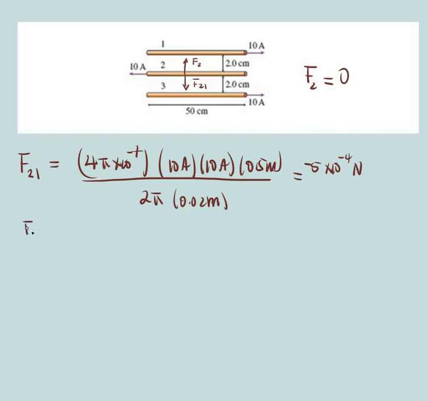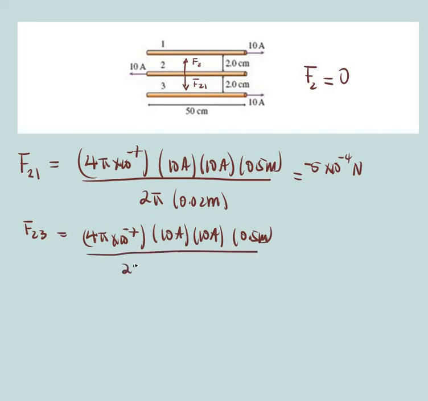If we do F2 due to 3, we're going to have the same equation. It's going to be 4 pi times 10 to the minus 7 times 10 amperes times 10 amperes times 0.5 meters, all divided by 2 pi times 0.02. You will get exactly the same answer, 5 times 10 to the minus 4 newtons.